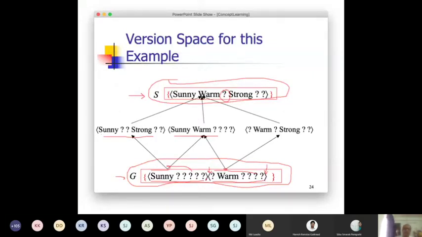From the training examples, by looking at the positive examples, we should get the maximally specific boundary. And by looking at the negative examples, you have to look at S also, because you have to satisfy the positive examples while not satisfying any negative example. So if you get a negative example, it has an effect on S also.